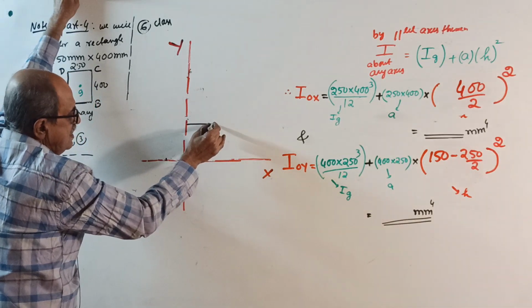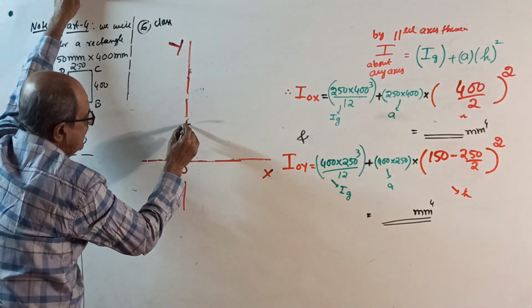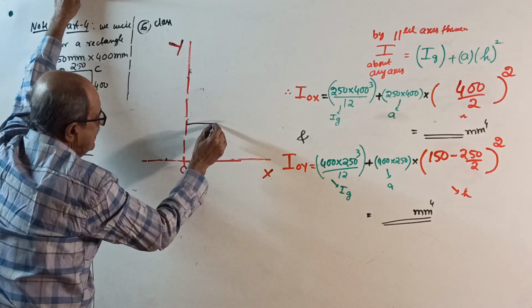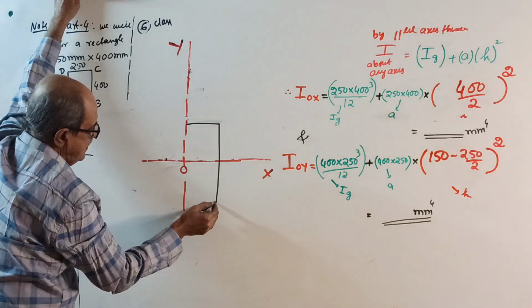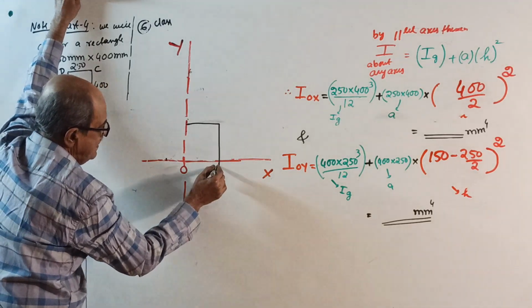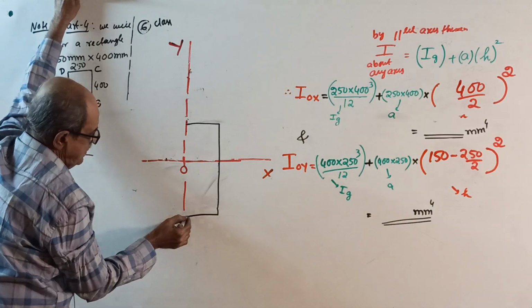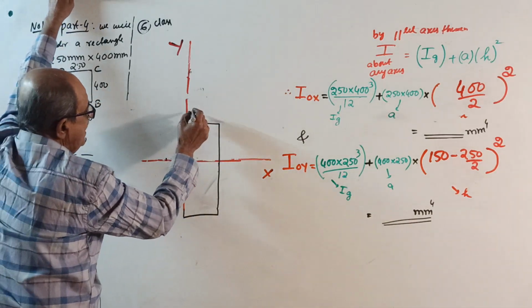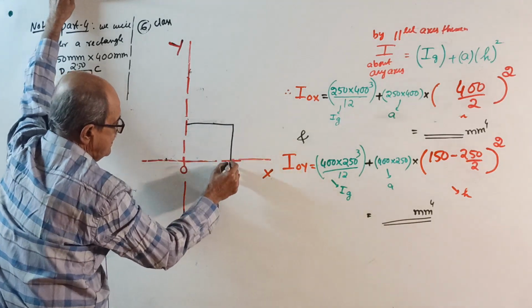Last time touching which one? OX, now OY. This way, it's bigger to understand correctly. Touches OY.